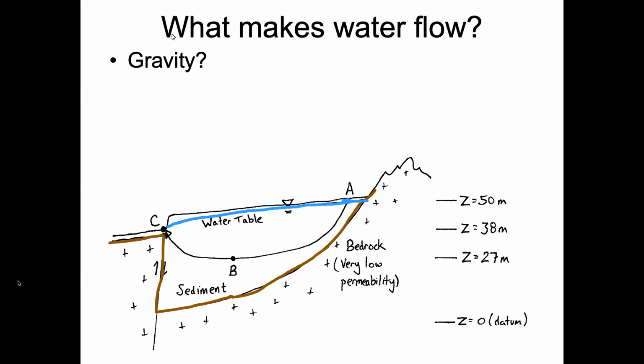So we can think about what is actually making water flow. From measurements taken, and we'll show you later on, water is going to be flowing from A to C, right? That's our general direction. But if we think about what makes water flow, if it was only gravity, which way would water flow?